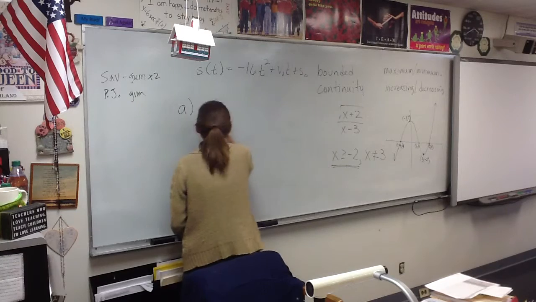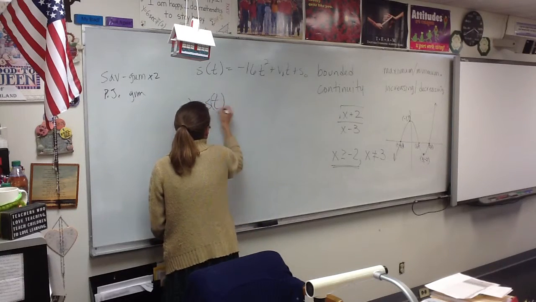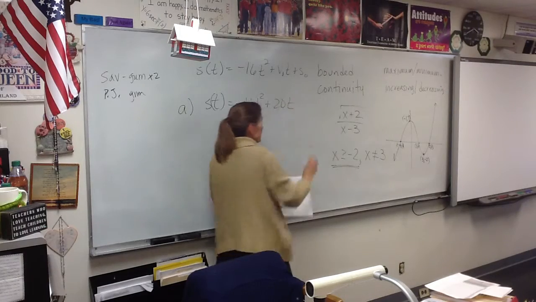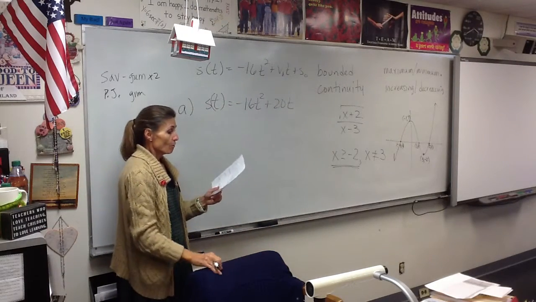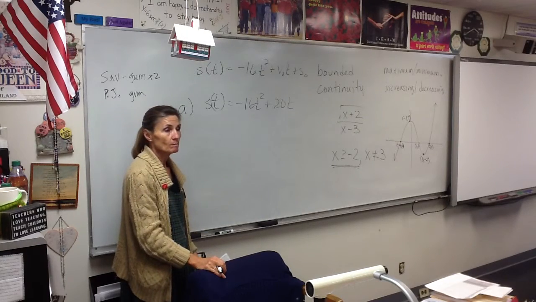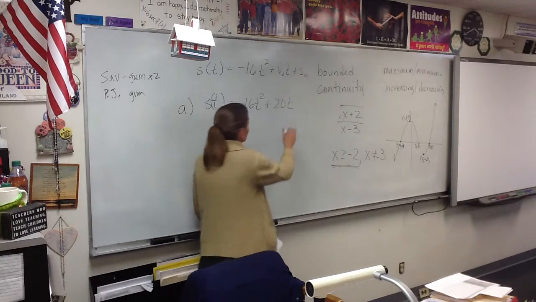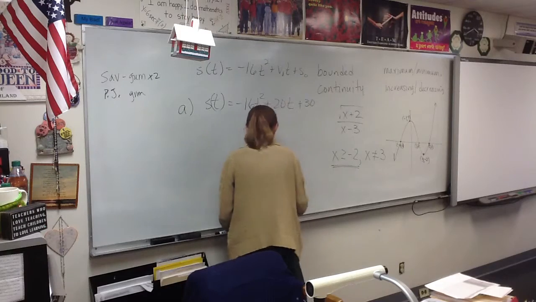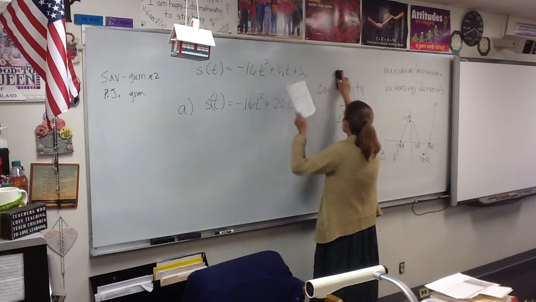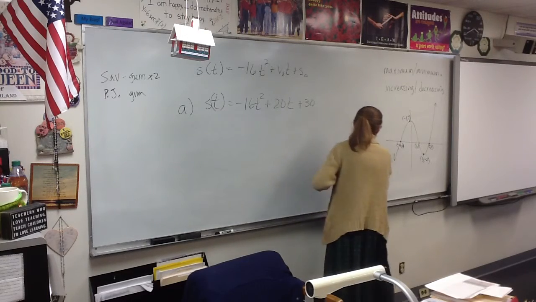Right here. So my equation, negative 16t squared plus 20t, from the top of a building 30 feet tall, plus 30. Because what do V sub naught and S sub naught stand for?